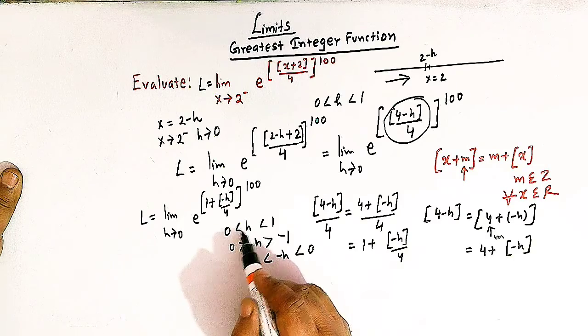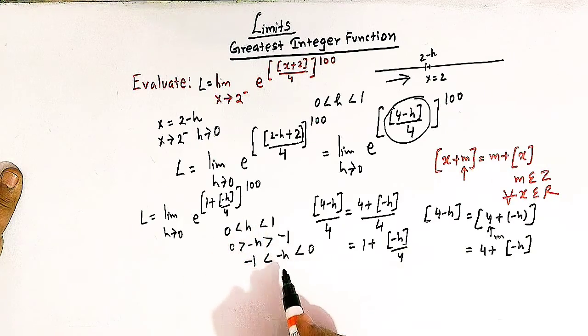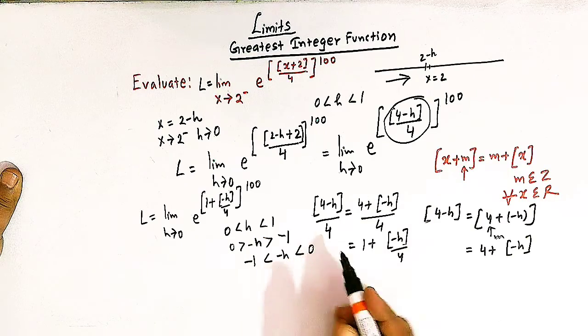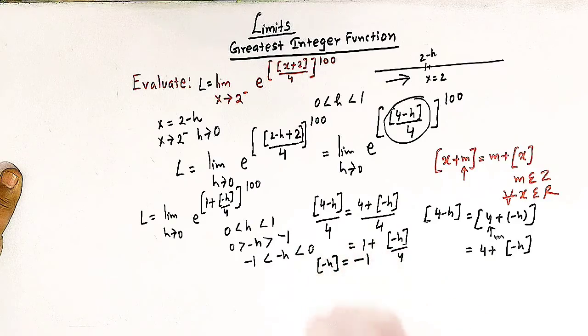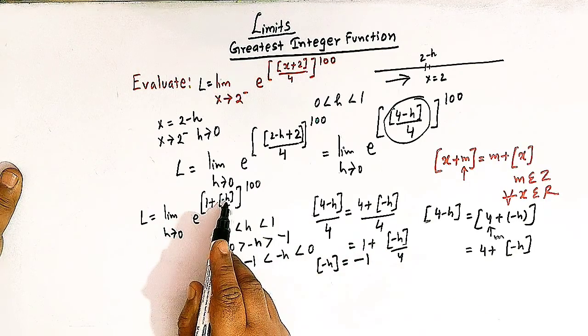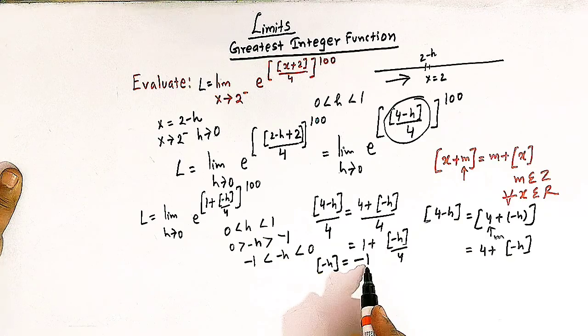So when h lies between 0 and 1, then minus h lies between minus 1 and 0. So the greatest integer of minus h should be equal to minus 1. We can now take greatest integer of minus h as minus 1.